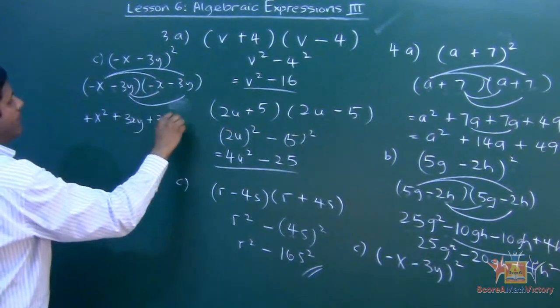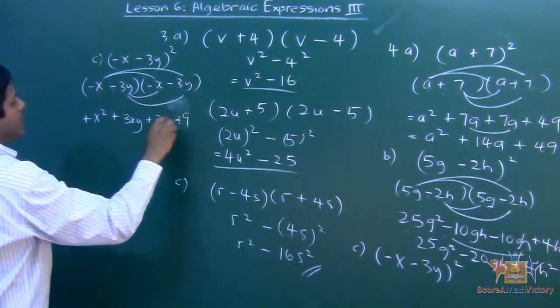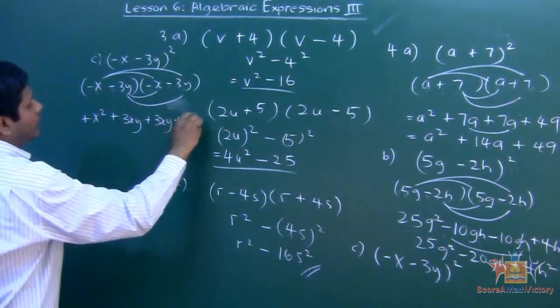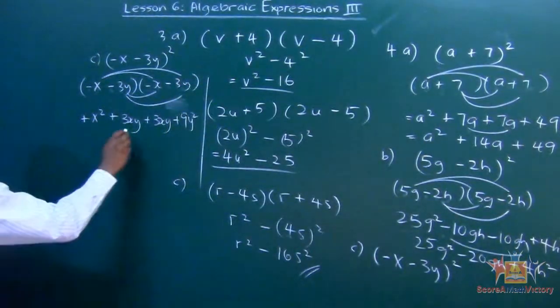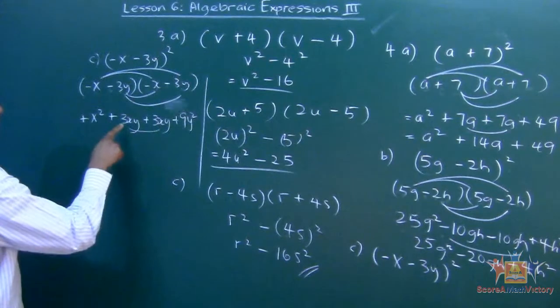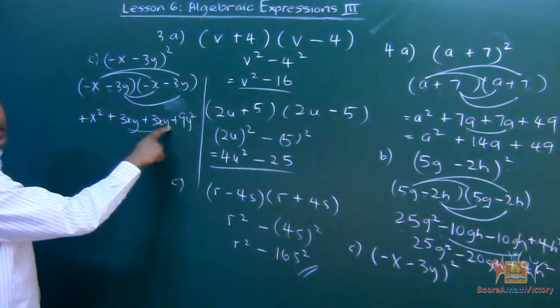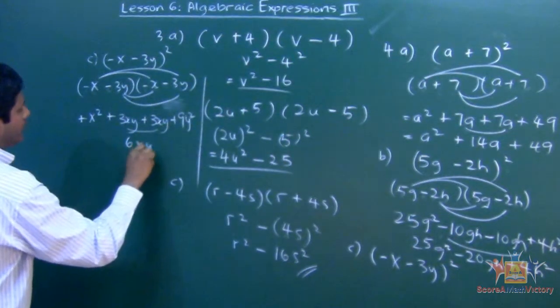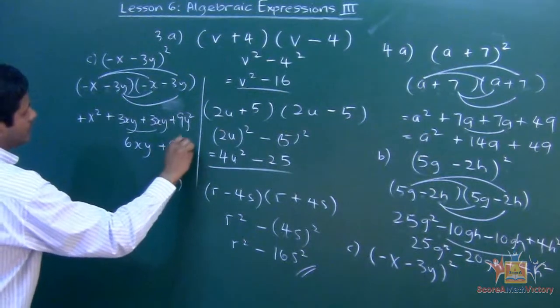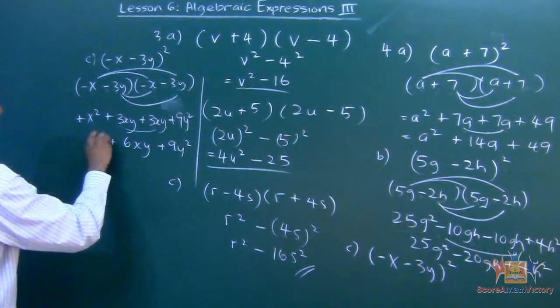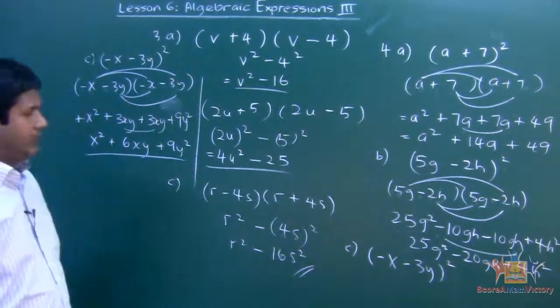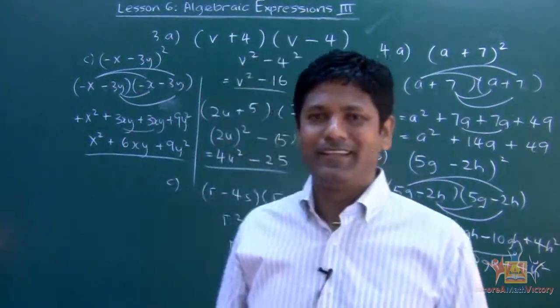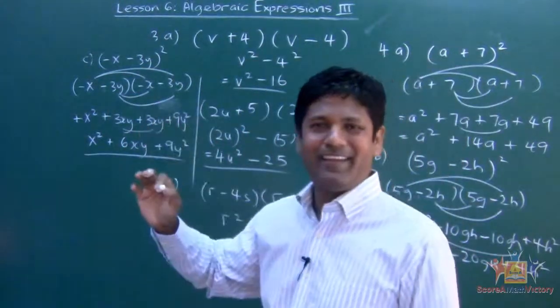Negative and negative, positive: 3 times 3 is 9, y times y, y squared. Now I can combine these two: 3xy plus 3xy is 6xy. Now just rewrite this: x squared plus 6xy plus 9y squared. You got it?